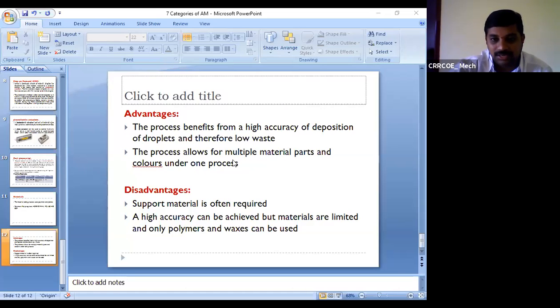At a time, different materials can be supplied or fed, and different colors also.